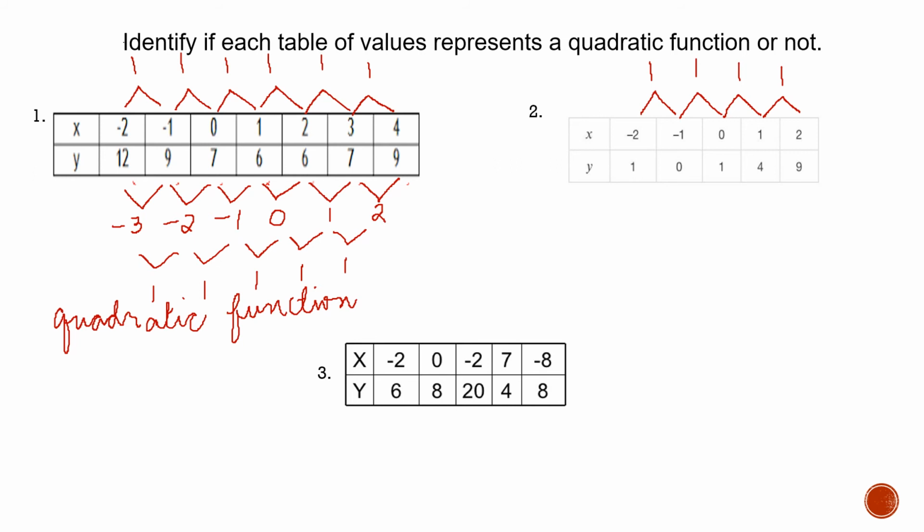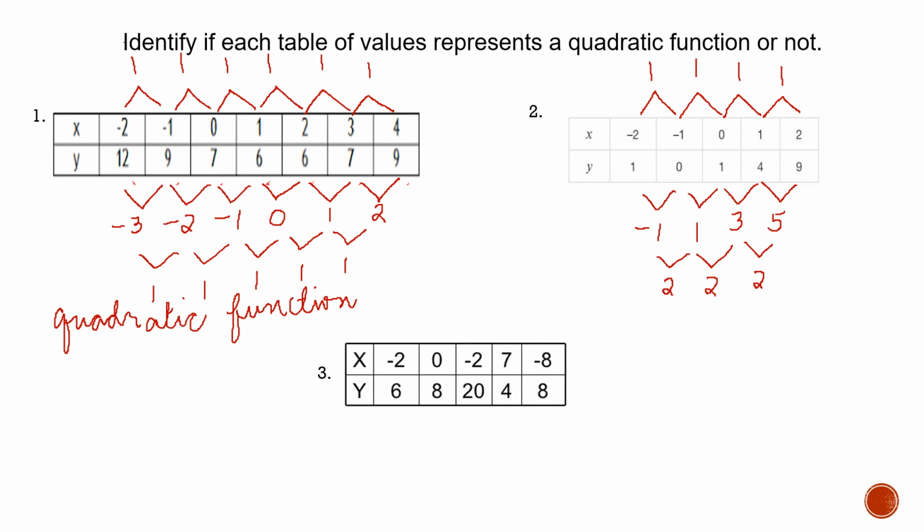Let's proceed to y. 9 minus 4, 5. 4 minus 1, 3. 1 minus 0, 1. 0 minus 1 is negative 1. Let's have the second differences in y. 5 minus 3, 2. 3 minus 1, 2. 1 minus negative 1, that is also equal to 2.